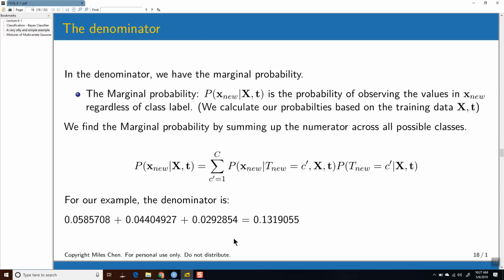For our denominator, it's going to be the probability of observing the values in x new, regardless of class label.